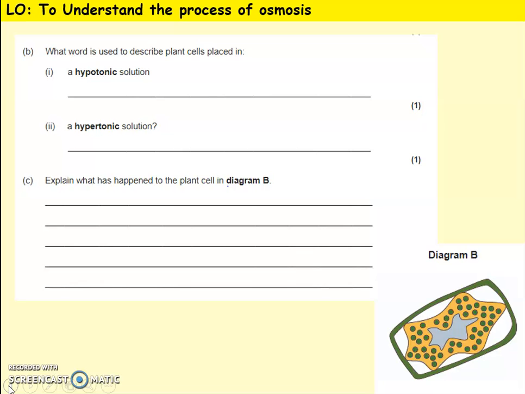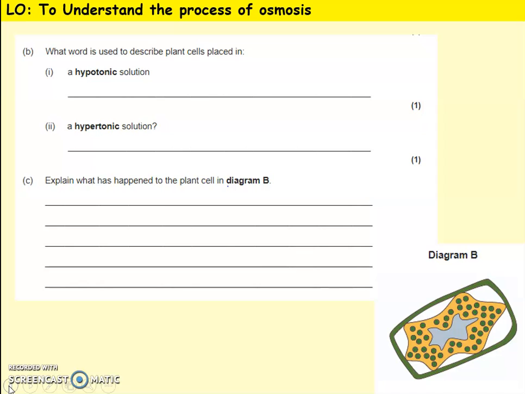So a plant cell in a hypotonic solution, we describe it as being turgid. So it's taken in lots and lots of water because there's more water in the surroundings than there is inside the cell, so the water moves in by osmosis. And in a hypertonic solution, if a plant cell is placed in it, then water would move out of the cell and the cell would become plasmolyzed.